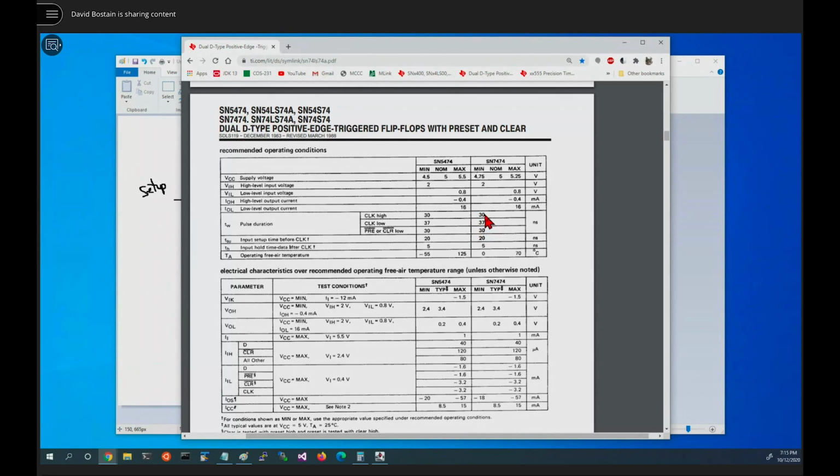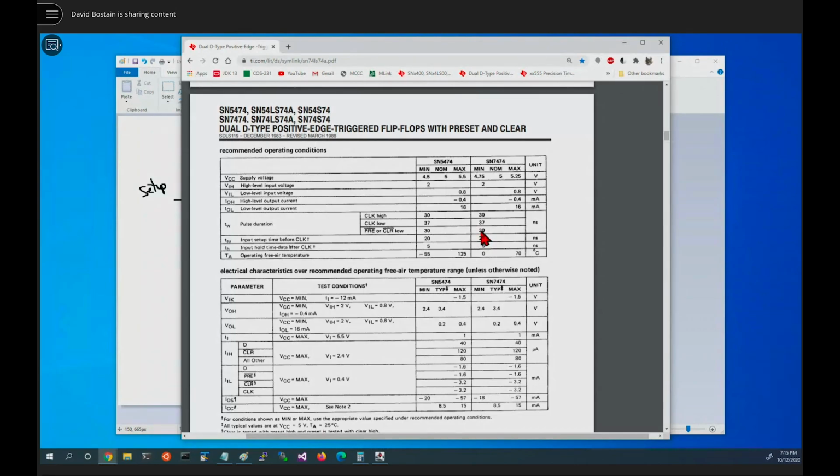Now, I would never use it that fast, but it sets some limits. So you can't just have a little pulse and think it's going to work. If you accidentally do, it might work. So you have to be careful that you don't have noise. The amount that preset or clear, which are both inverted signals on this chip, have to remain low in order for a preset or a clear to occur, could be at least 30 nanoseconds.